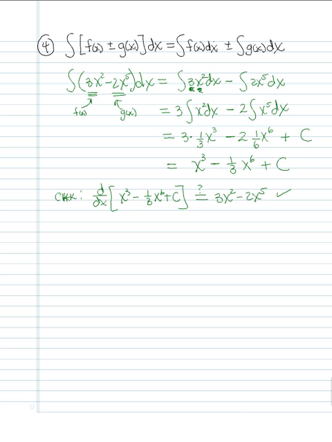Now let me make one other point here before we leave this particular example. We'll look at some more. You may have this question, because I want to go back to this step right here for just a moment, and explain something that happened that I kind of hid from you.